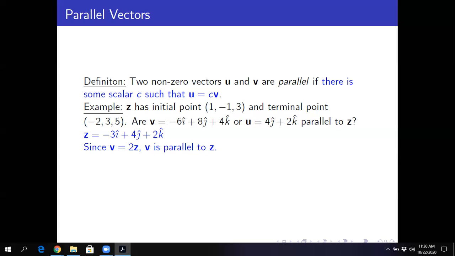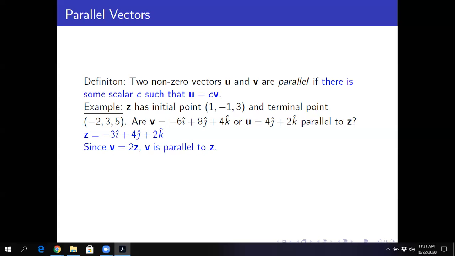Now, what about that other thing? Is there any way that z could be parallel to u? No, why not? Does z have movement in the x direction? Yes. Does u have movement in the x direction?